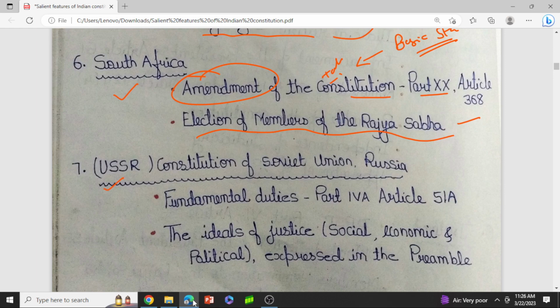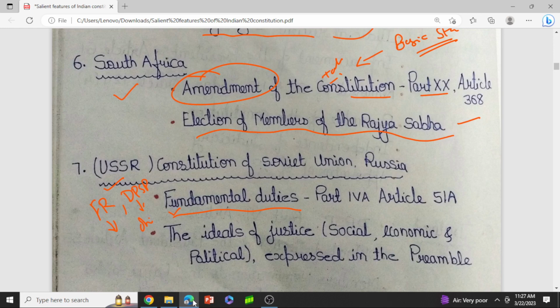USSR, Constitution of Soviet Union, Russia. Fundamental duties. Now what happened? Fundamental rights are there, DPSP are there. Fundamental rights are rights which are enjoyed by the citizen. DPSP is an obligation of the state government. What about this fundamental duties?